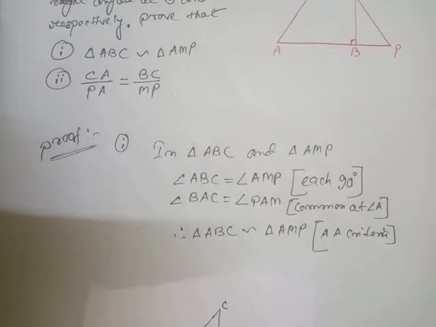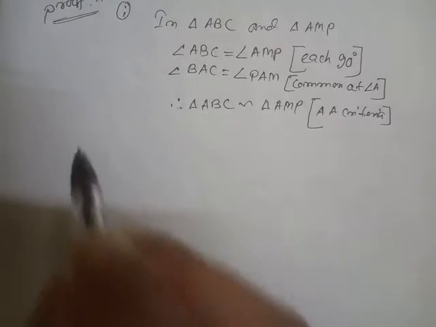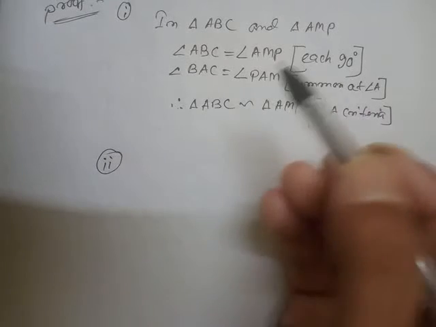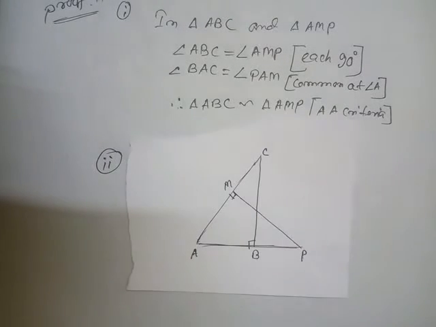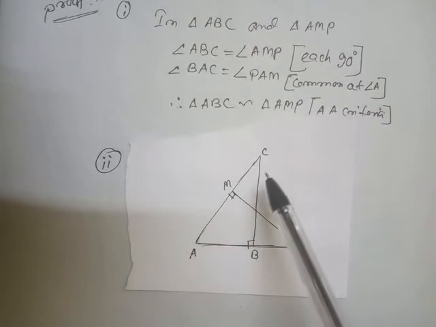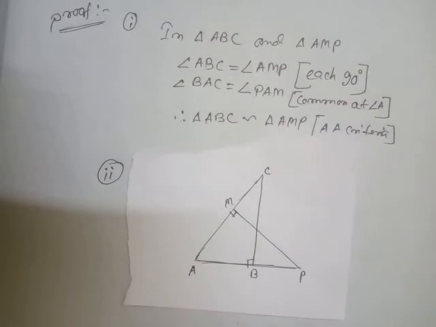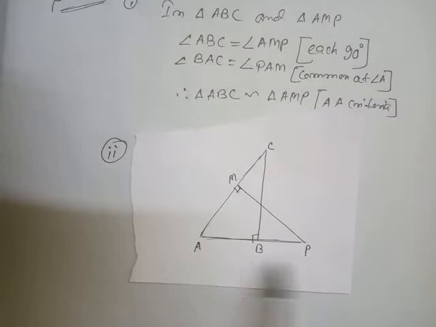Now Roman 2. Look student, in Roman 2 we need to prove that CA by PA equals BC by MP.